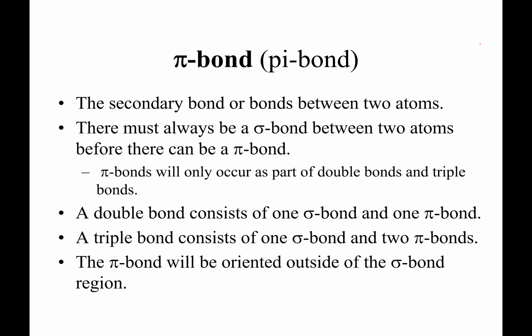So of course, you can see the carbon sigma bond. The thing about the pi bonds is those pair of electrons for that secondary bond can't hang out here because that's taken with the sigma bond electrons. So what they do is they hang out kind of in a sandwich, above and below or outside.